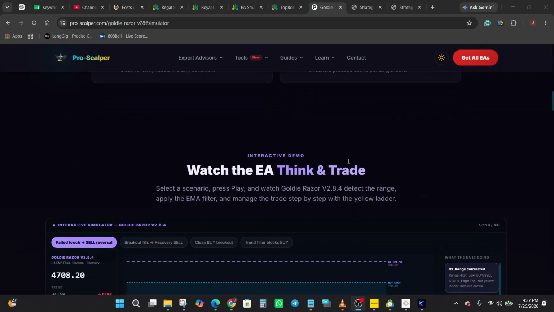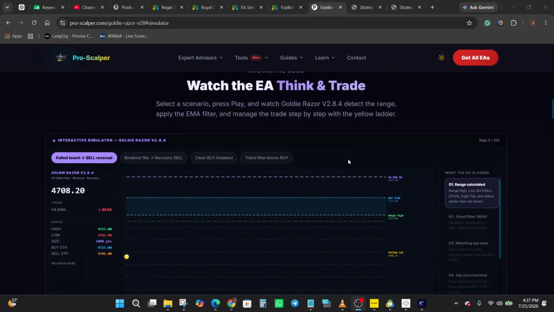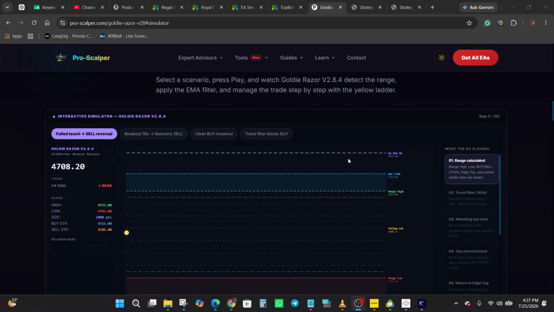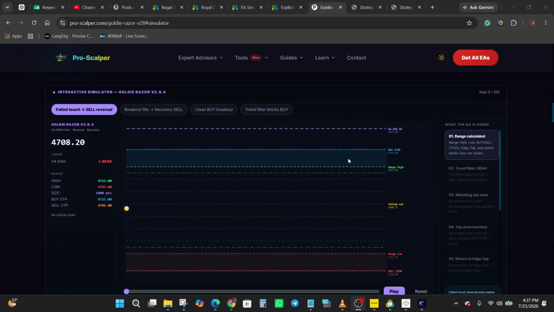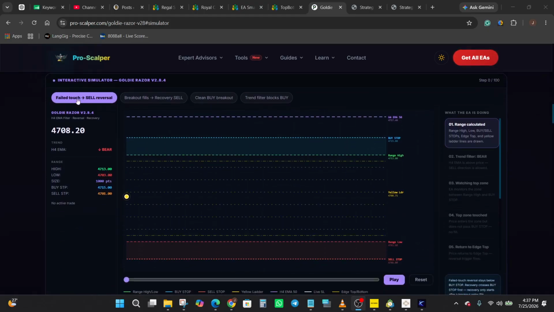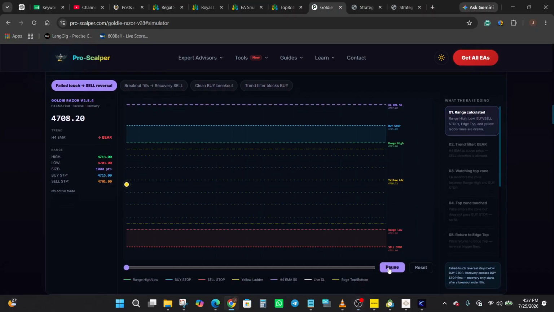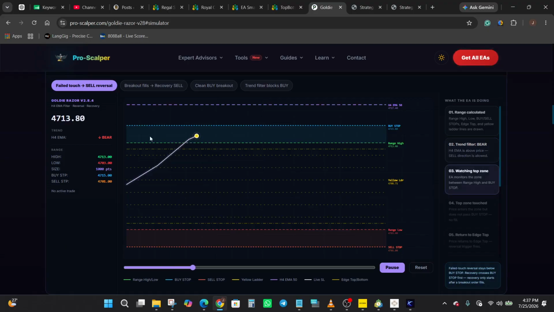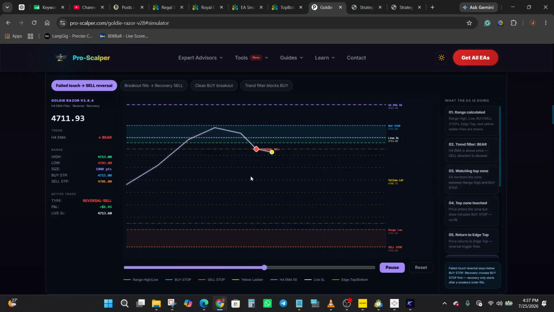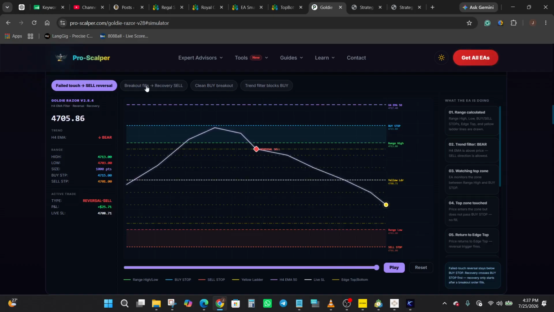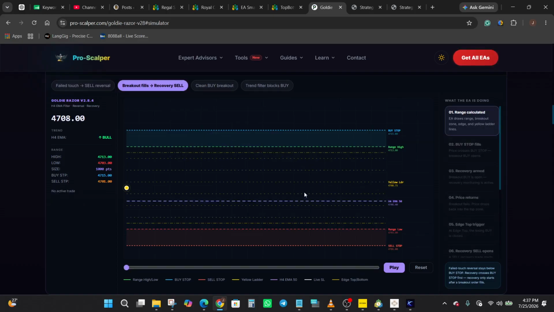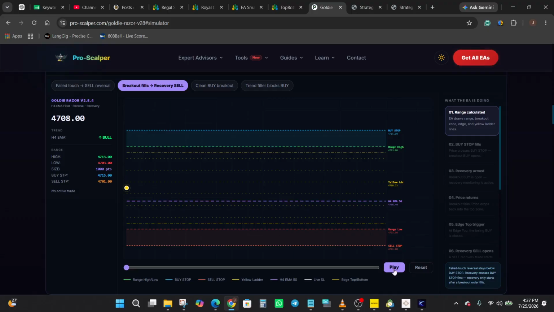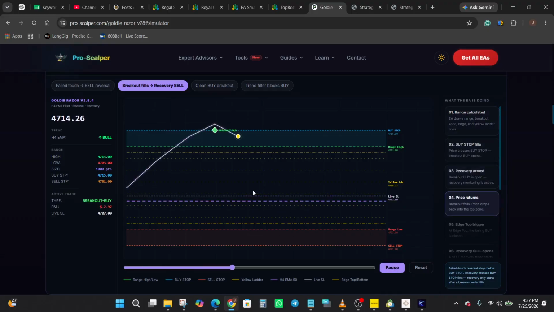Moving to the interactive simulator on the site, we can observe 4 specific operational scenarios: a failed touch leading to a sell reversal. You can see that here. And then there is also the case of a failed breakout transitioning into a recovery sell.